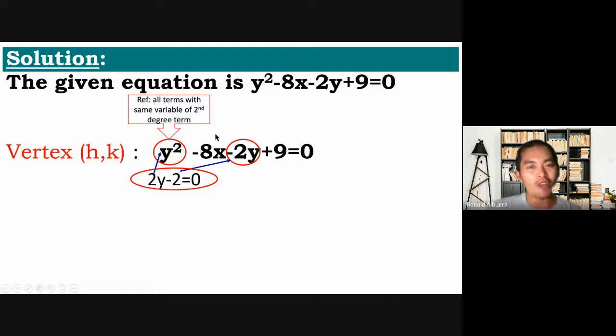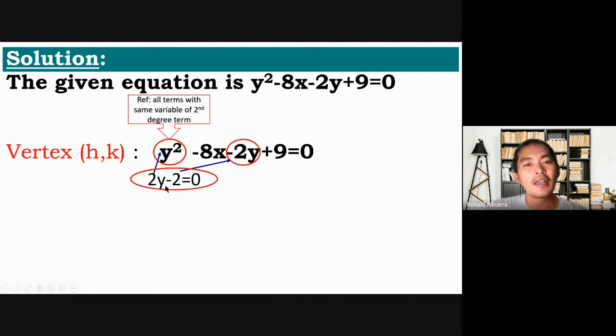So it became 1 times 2 is 2. Copy the variable y. Subtract the exponent by 1. It became 1. And this one, negative 2 times the exponent is 1, so negative 2. Bakit nawala yung y? Because the exponent is 1 minus 1. It became 0. Y to the 0 is 1. That is why we have here 2y minus 2.